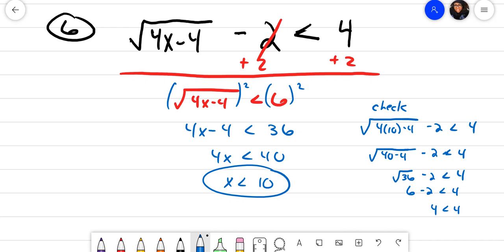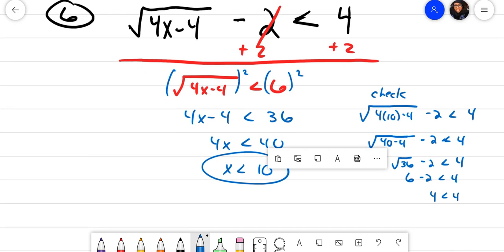Now, a few of you might think this is no solution, and I would understand why, because 4 is not less than 4. But what you have to remember here is that it's not saying that the answer is 10. It's saying that the answer is less than 10. So since you have 4 equals 4, if I plugged in something that was less than 10, like 9, then you would see that it would be less than 4.